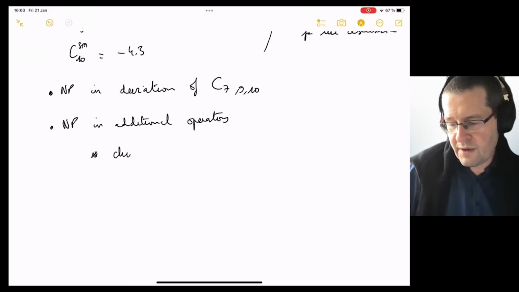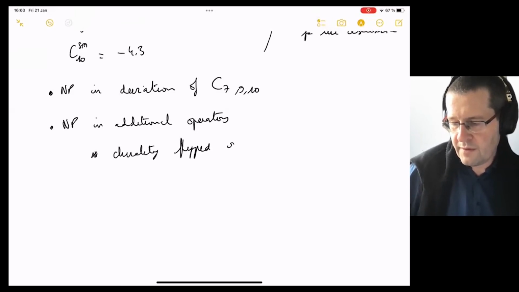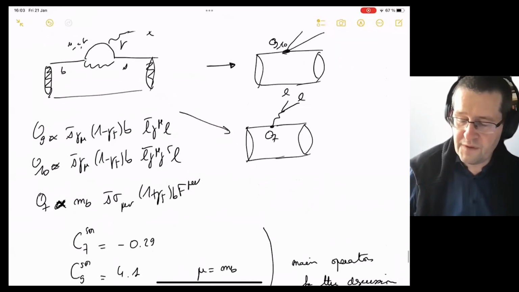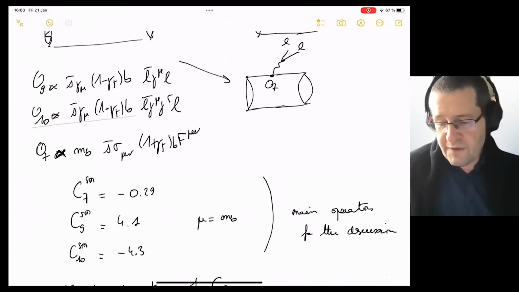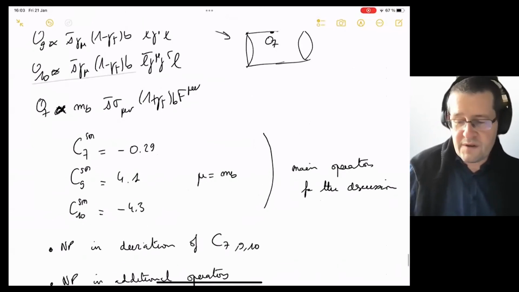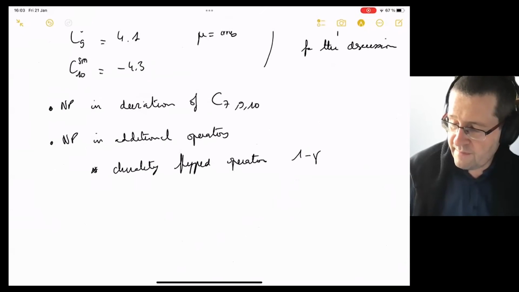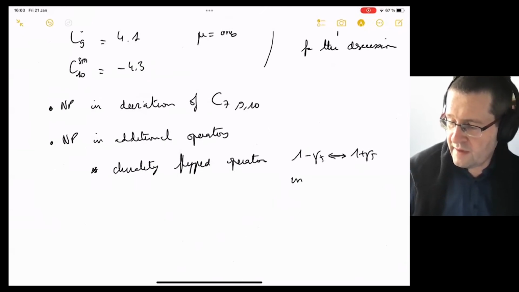So once again, you can have chirality flipped operators. That corresponds to just taking 1 minus gamma 5 or 1 plus gamma 5 and replacing it by the opposite chirality projector, and so that means that you've got it in the quark bilinear.